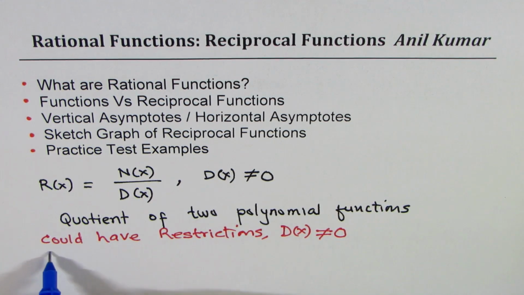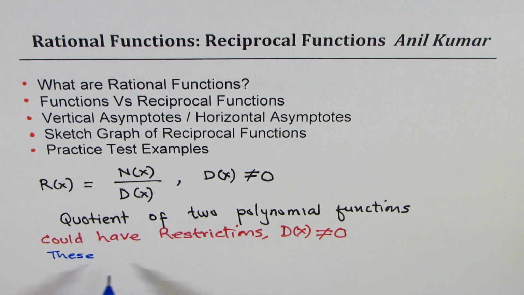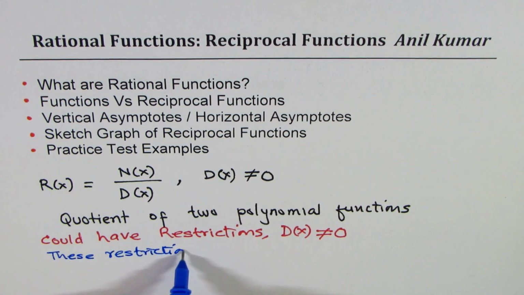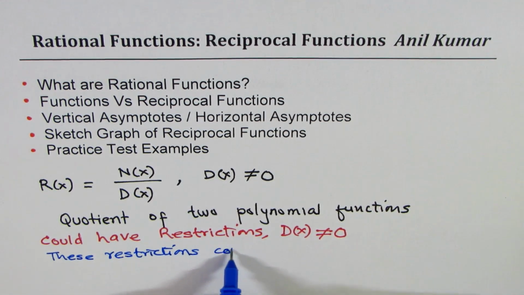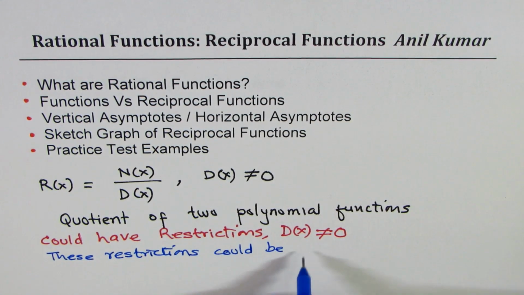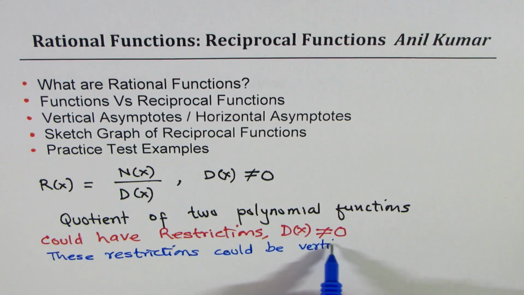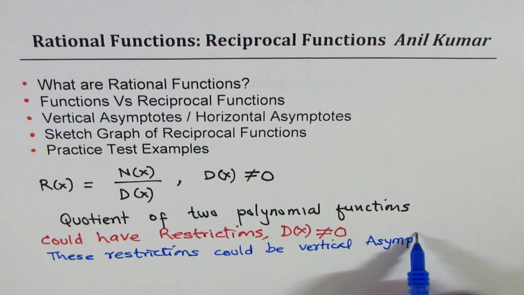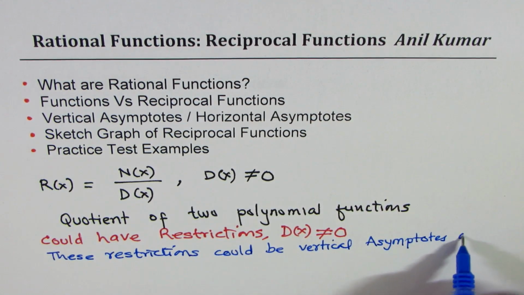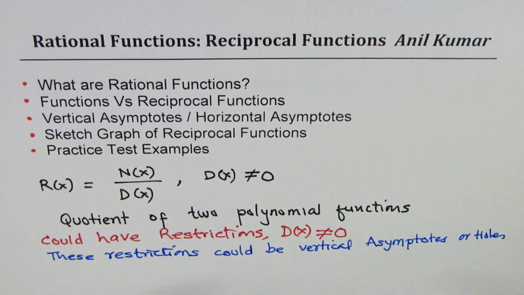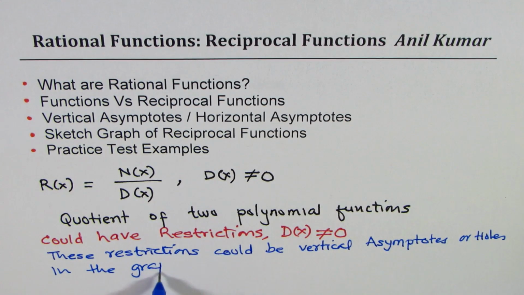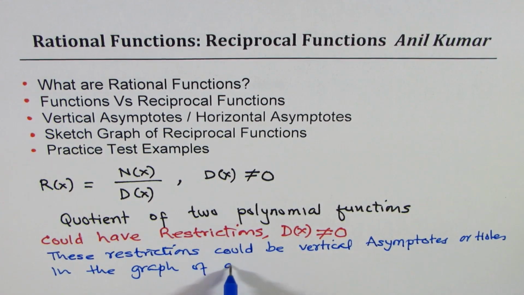So these restrictions could be vertical asymptotes or holes in the graph of a rational function.